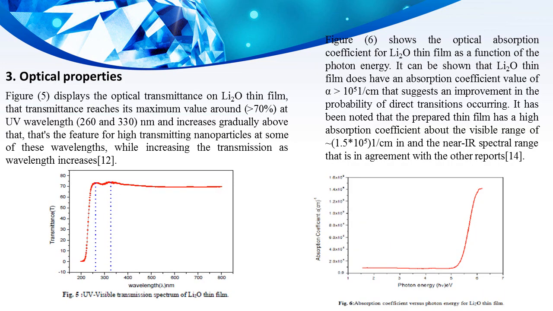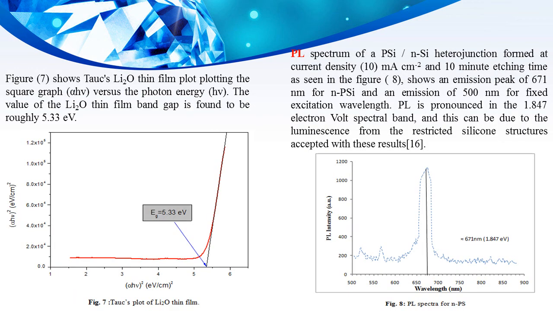Optical measurements show in this figure that lithium oxide is transparent in the range of over 300 nanometers and the energy gap is 5.2. The PL test for porous silicon showed a maximum peak at 671 nm, equal to 1.8 electron volt.